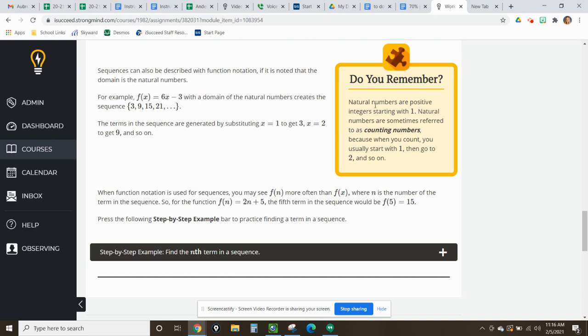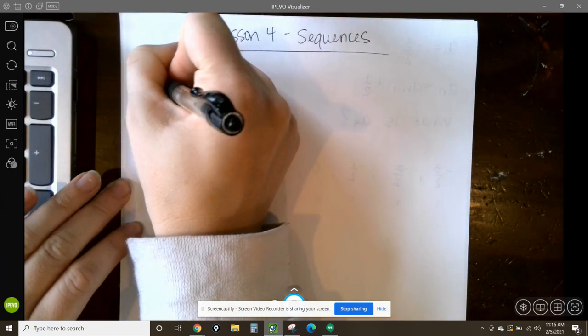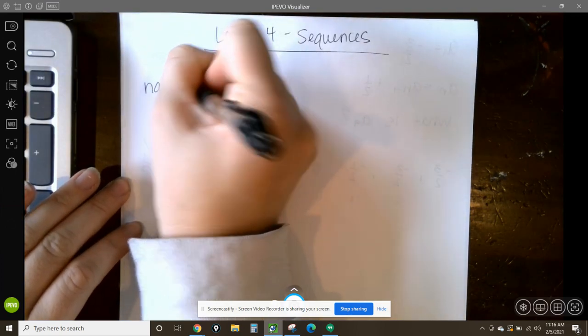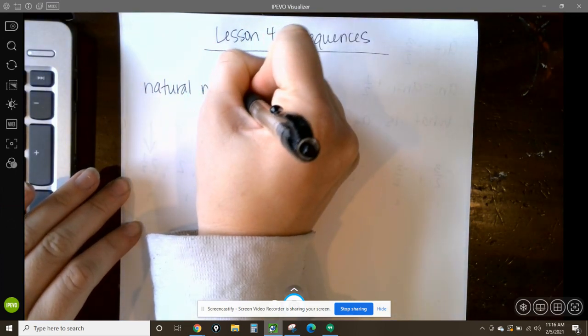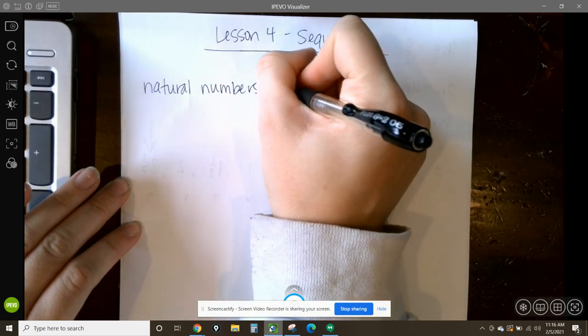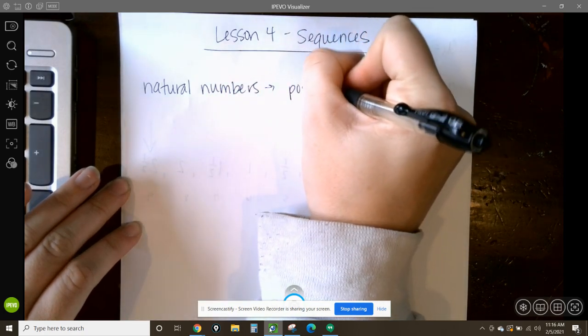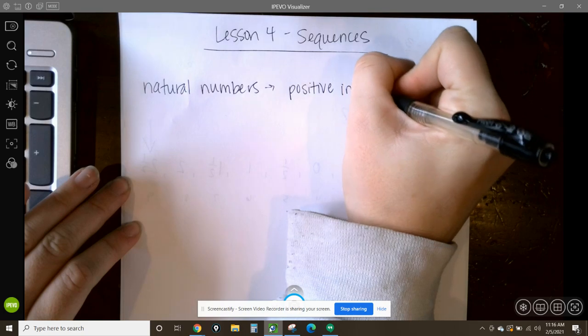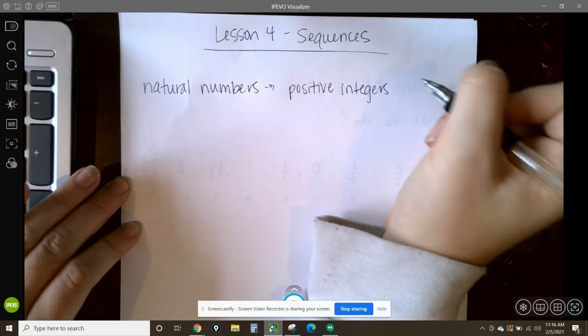One thing I do want you to write down: whenever you see one of these boxes, it's usually something important. Natural numbers are positive integers starting with 1. I'm going to flip over to my notes here. Natural numbers: positive integers. That means no decimals or fractions.